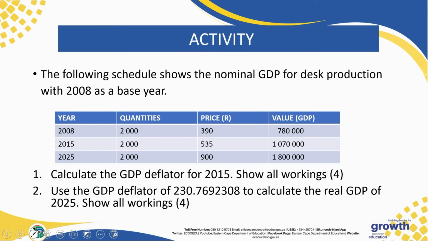Then the second question will be, use the GDP deflator of 230.7692308 to calculate the real GDP for 2025. Show all workings. So you must be able to do this. After 2 to 3 minutes or 4 minutes maximum, you should be able to calculate. Then I'll just come and reflect on the activity.